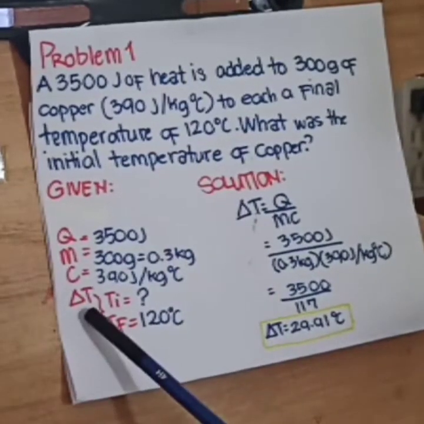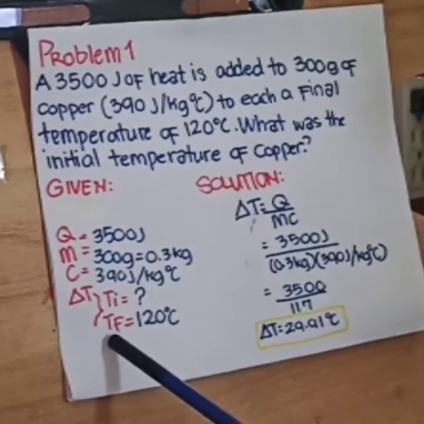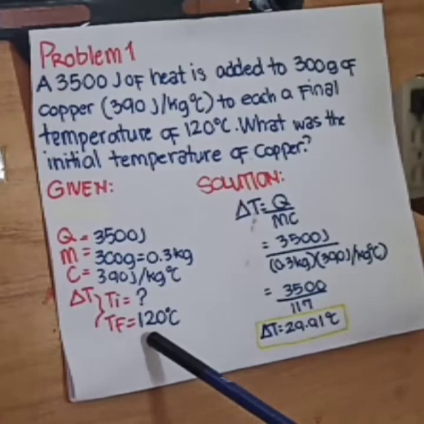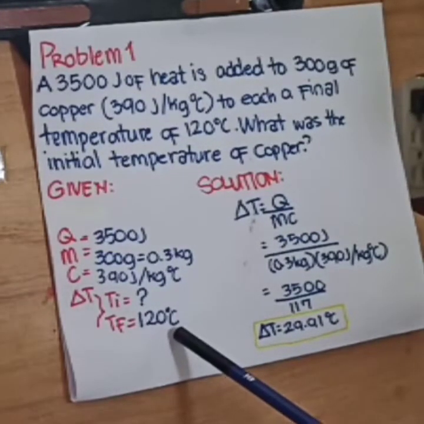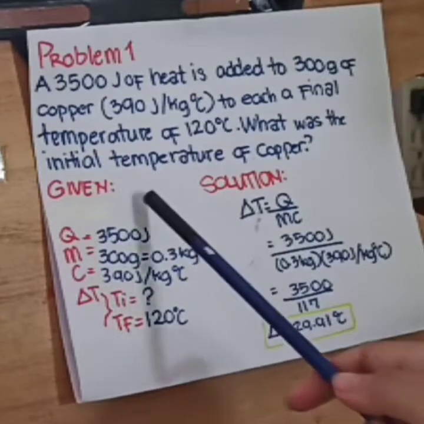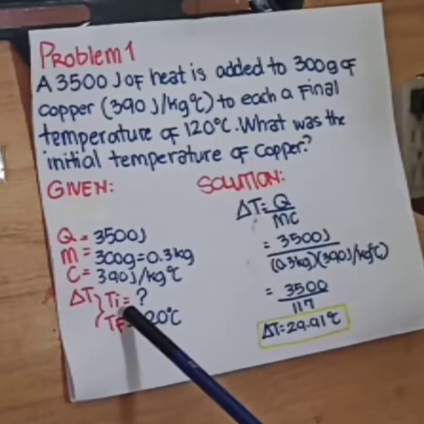And we have here the change in temperature. First, we have seen in our problem that the final temperature is 120 degrees Celsius. The problem is we're going to find the initial temperature of the copper.